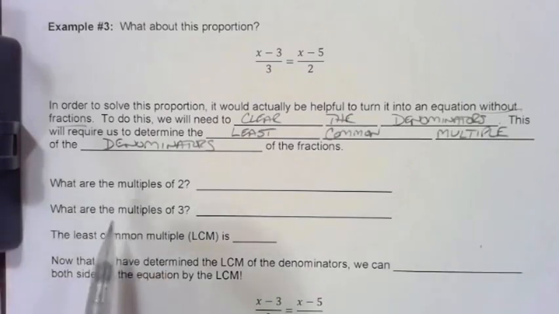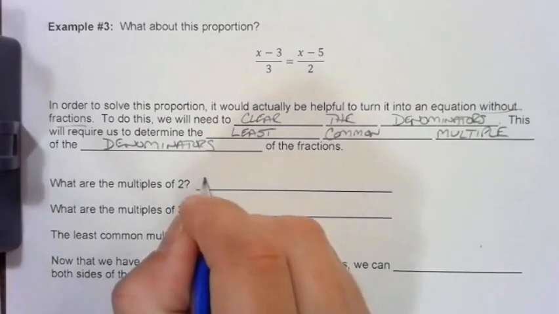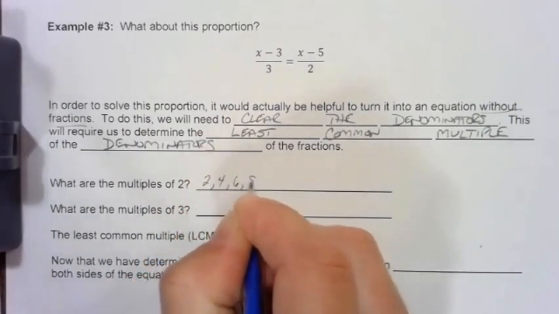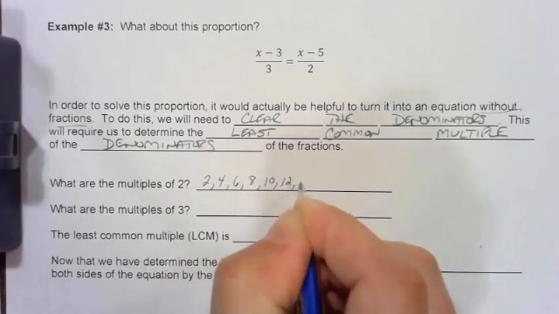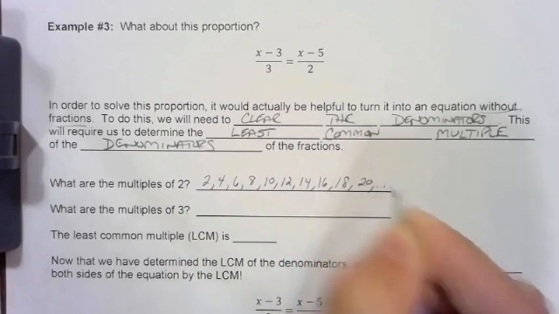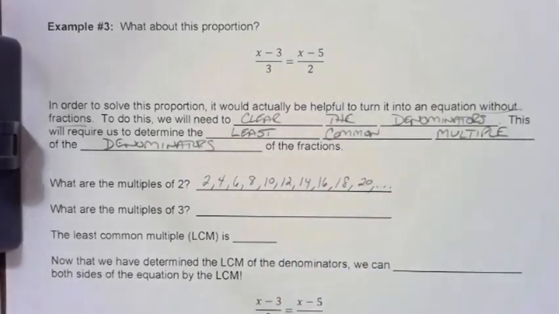What are the multiples of 2? The first multiple of 2 is 2, and then the second is 4, and the third is 6, 8, 10, 12, 14, 16, 18, 20, etc. Those are the multiples of 2. We're just counting by 2. Similarly, we want the multiples of 3, so we're going to count by 3s.